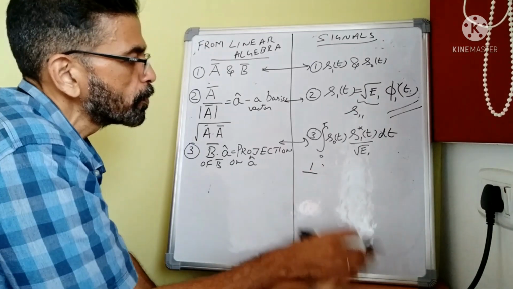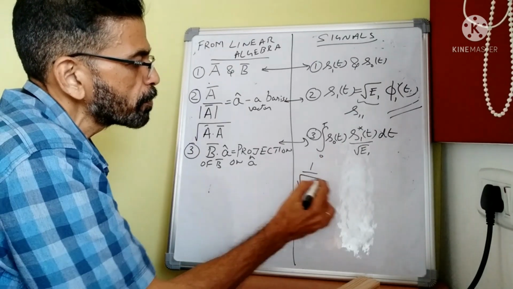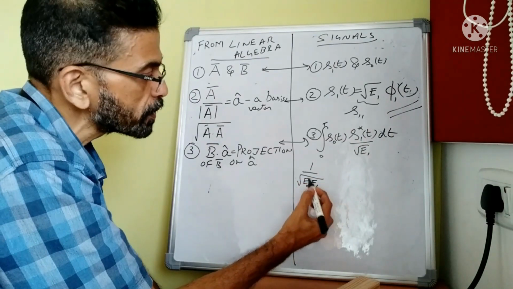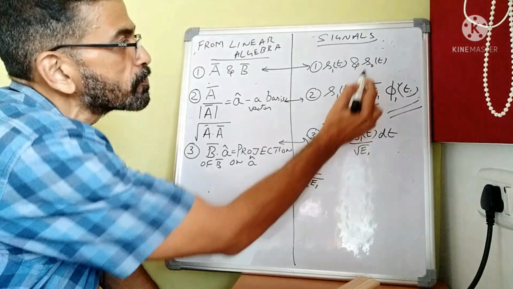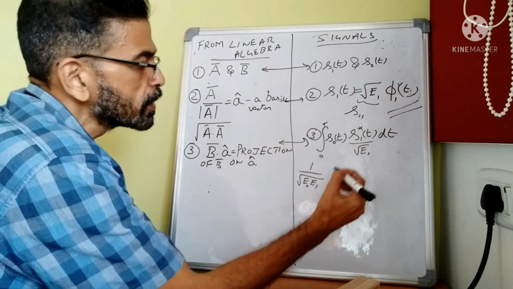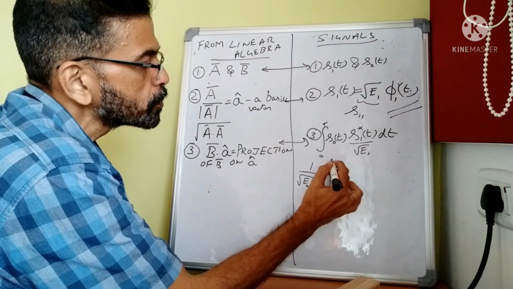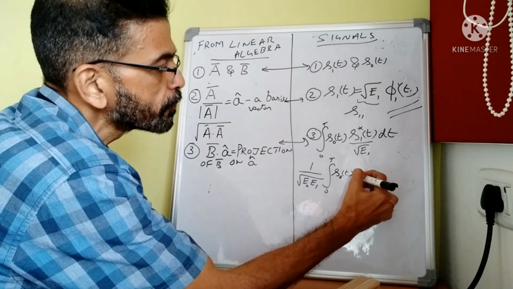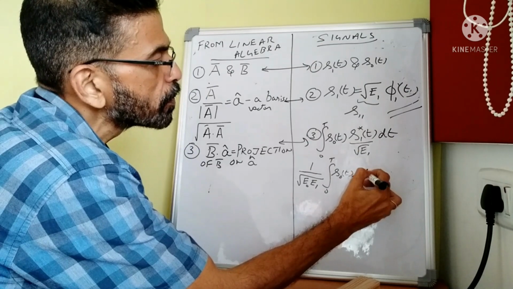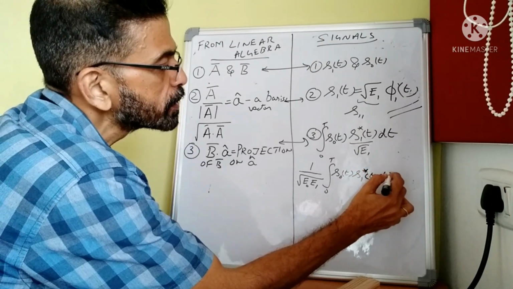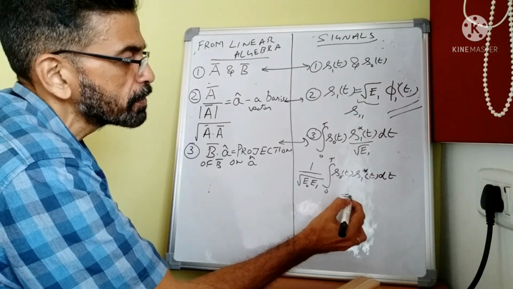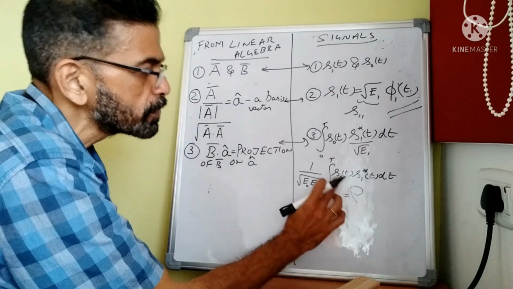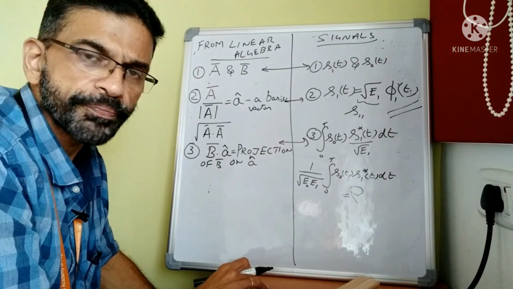Now we note that if we do 1 by root of E0 into E1, where E0 is the energy of signal S0 t, integral 0 to T, S0 t S1 conjugate t dt, we get what we define as the correlation coefficient rho between the signals S0 t and S1 t.